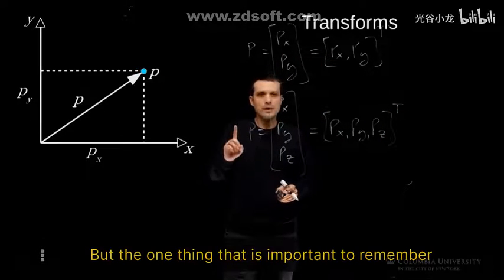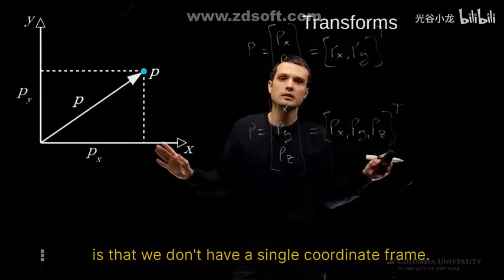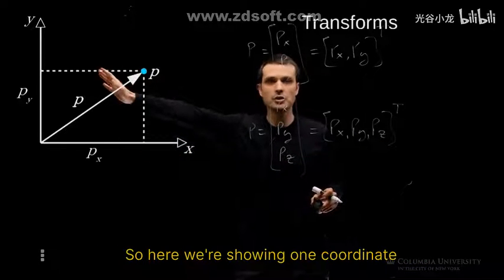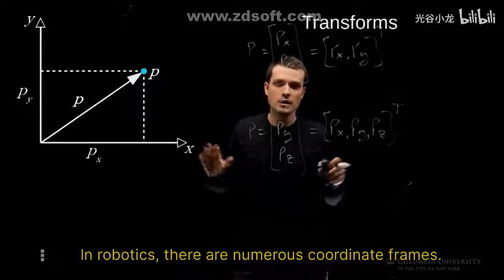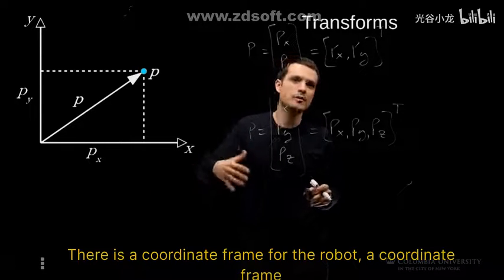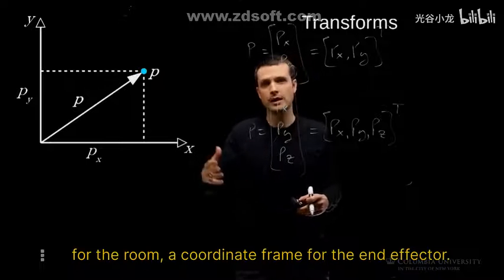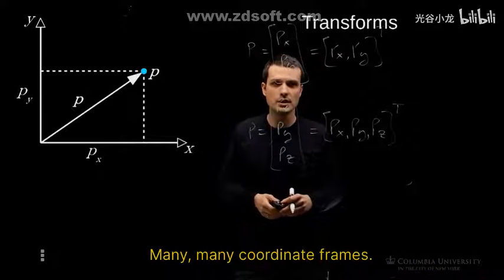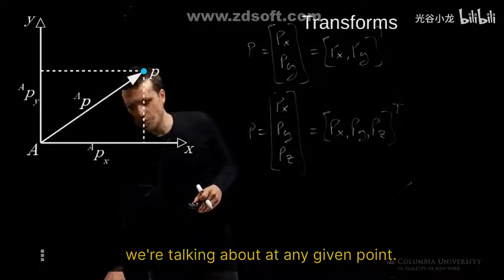But the one thing that is important to remember is that we don't have a single coordinate frame. Here we're showing one coordinate frame and the position of the vector P in that coordinate frame. In robotics, there are numerous coordinate frames. There is a coordinate frame for the robot, a coordinate frame for the room, a coordinate frame for the end effector, many coordinate frames. So we have to keep track of which coordinate frame we're talking about at any given point.